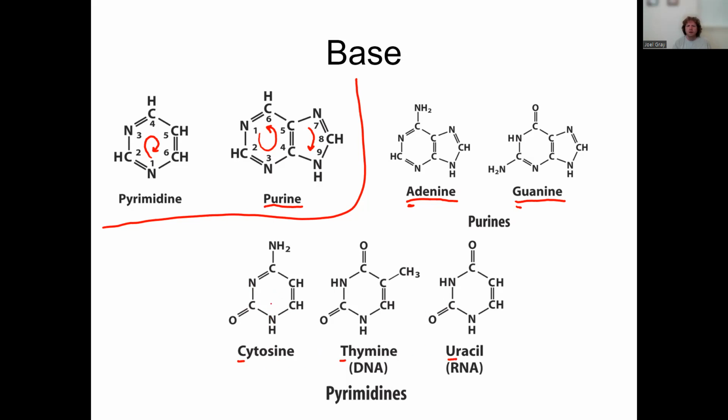Again, if you look at the numbering, starting at that 6 o'clock position, and you go clockwise, I think this is the most effective way to learn these structures, which I'm expecting you to be able to look at a molecule and identify: is it adenine, guanine, cytosine, thymine?